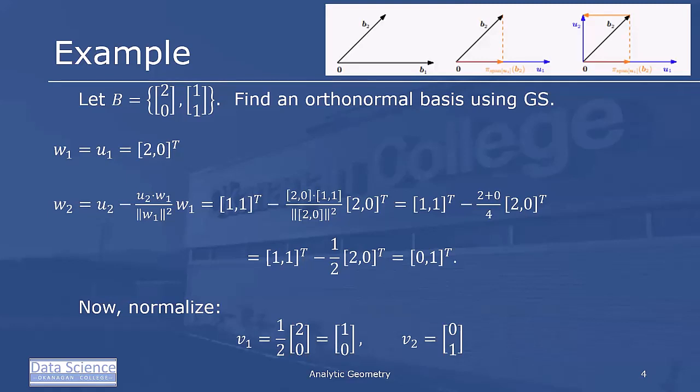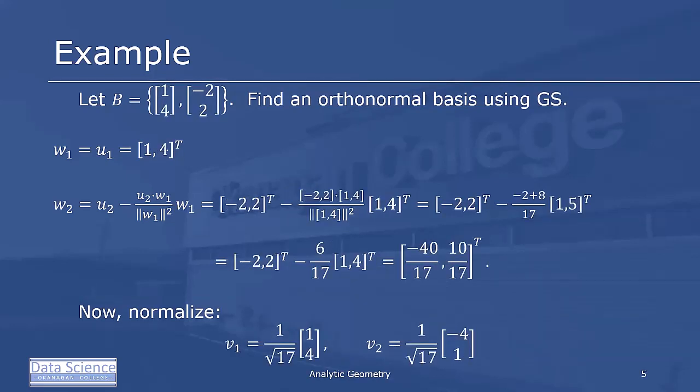So we end up with a vector that's perpendicular to w1. And then we just normalize to get our v1 and v2.